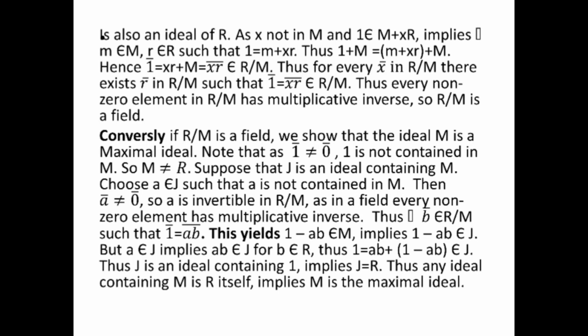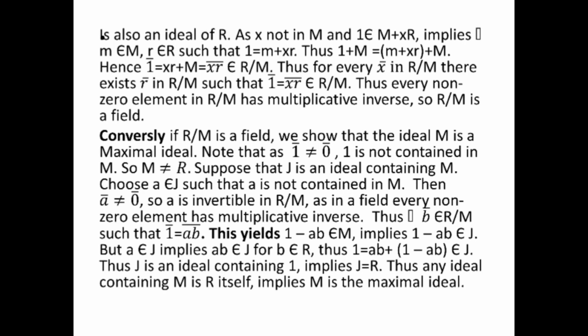Hence 1 plus M is 1 bar, which is equal to xr plus M, or we can write it as x bar into r bar, which is contained in R by M. Both x bar is in R by M and r bar is also in R by M. Thus, for every x bar in R by M, there exists some r bar in R by M, such that 1 bar is equal to x bar into r bar.